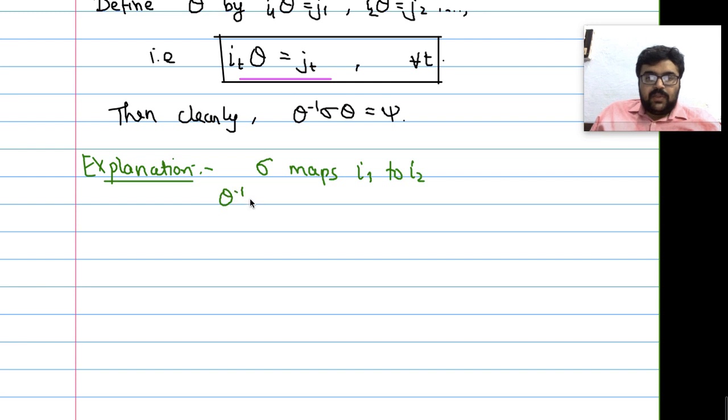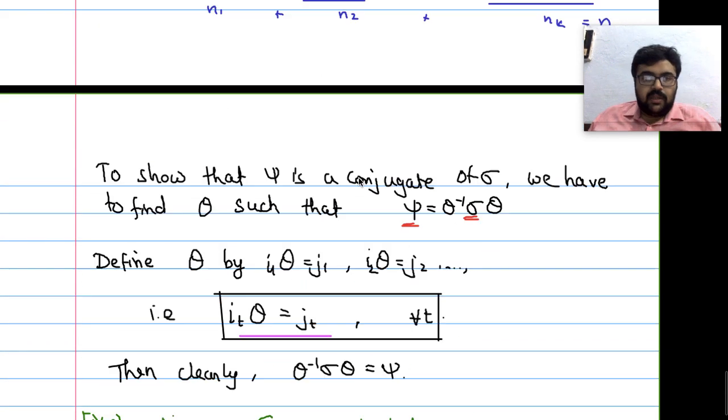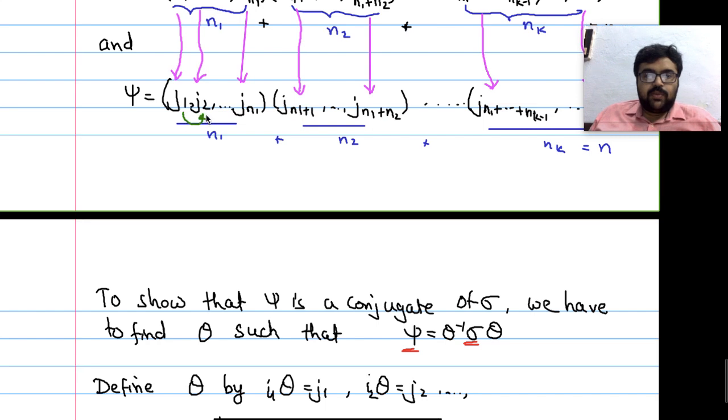So then we know theta inverse sigma theta maps theta of i1 to theta of i2. But what is theta of i1? Theta of i1 we have defined as j1, so it maps j1 to j2. So this maps i1 to i2, it maps j1 to j2. Sigma maps i2 to i3, it will map j2 to j3. J1 goes to j2, j2 goes to j3, this is nothing but psi.